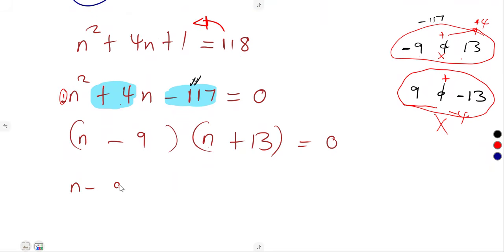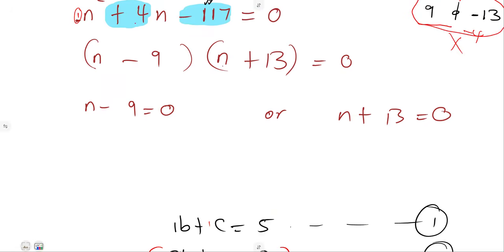So n minus 9 is equal to 0, or n plus 13 is equal to 0. From there, we have got the values of n. Take this to the other side, that is going to be a positive, or n is equal to, taking this to the other side, a negative.